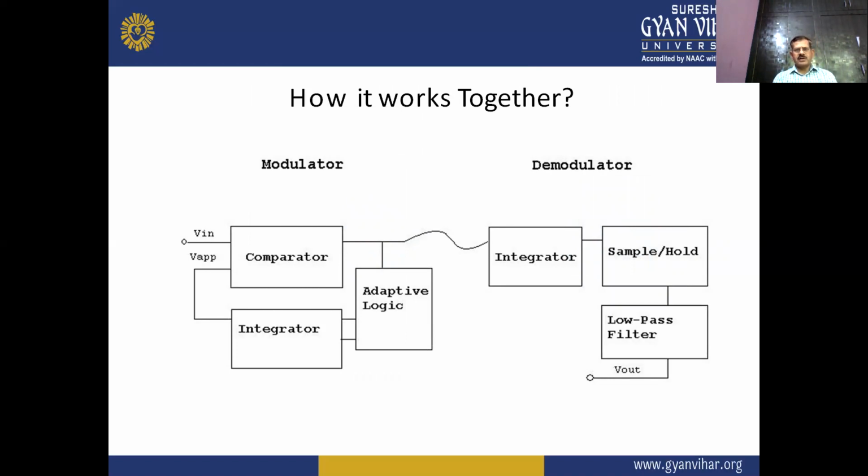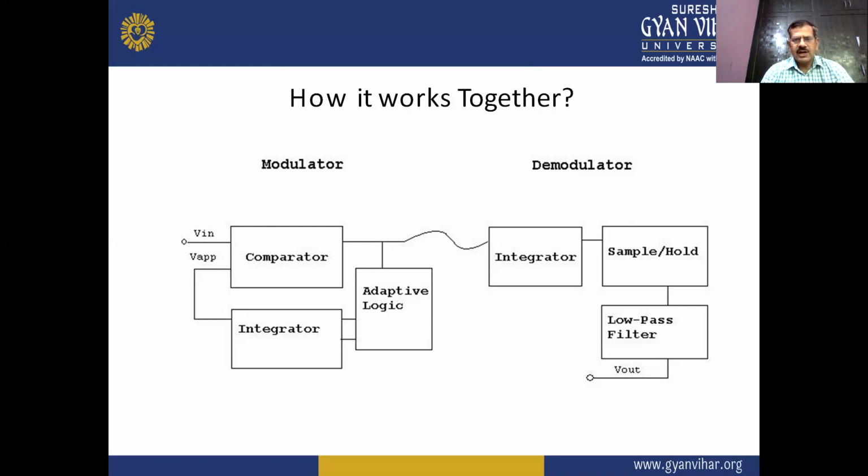And how do the modulator and demodulator work together? In this diagram, there is one part for the modulator and a second part for the demodulator. In the first part, the modulator, there is a comparator, an integrator, and also an adaptive logic network.